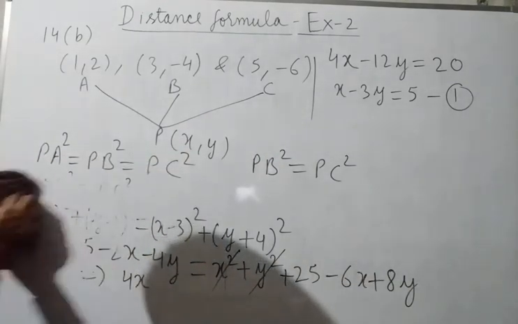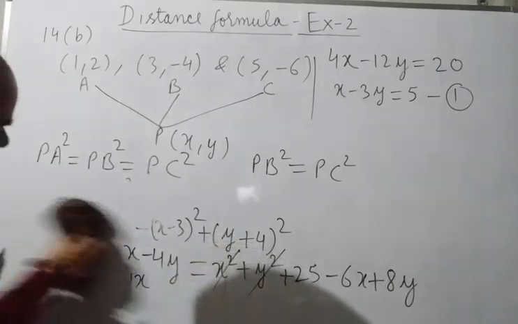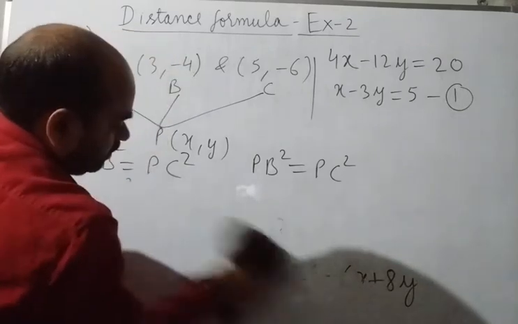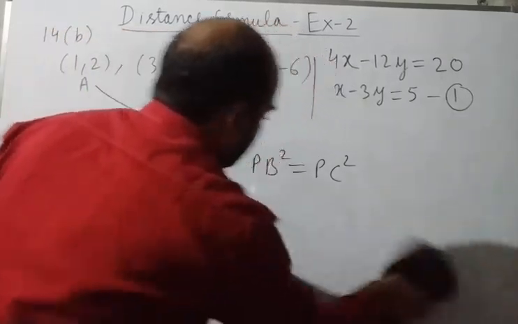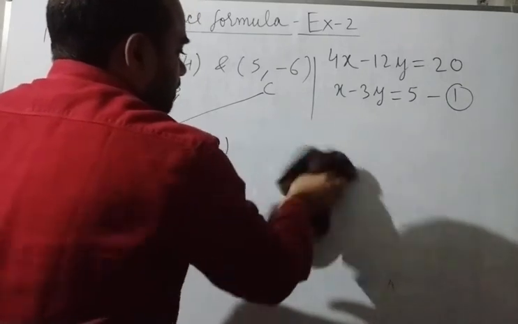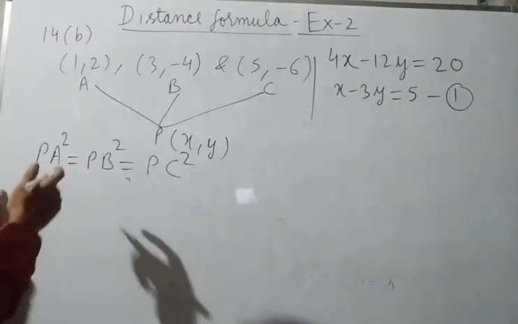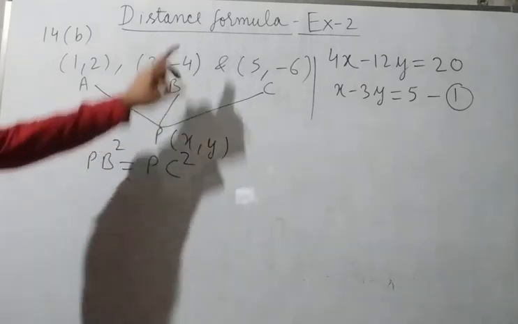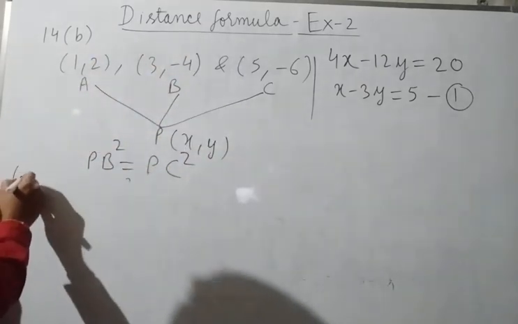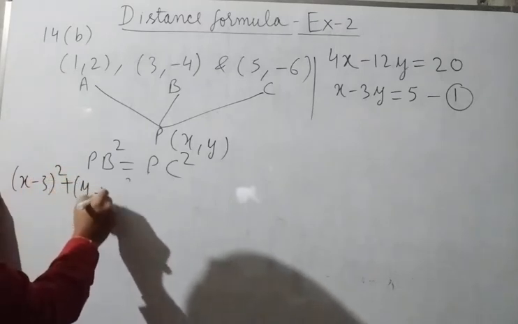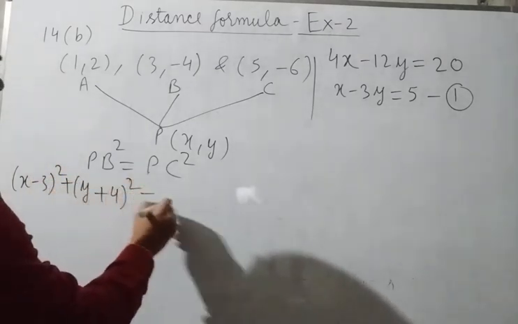Now next we will take PB square is equal to PC square. PB square is x minus 3 whole square plus y plus 4 whole square.